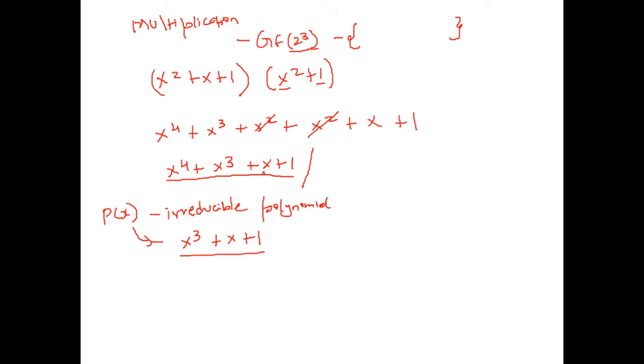We are going to take this polynomial and divide by P(x). So we are just reducing this such that we get an element that is part of GF(2^3). We are dividing this polynomial by the irreducible polynomial, so that the result we get after this reduction will be part of our GF(2^3).